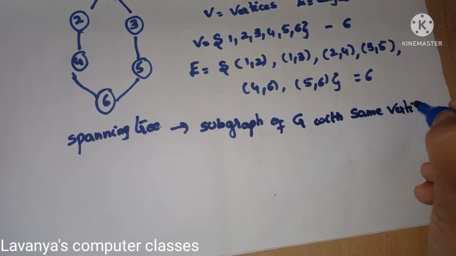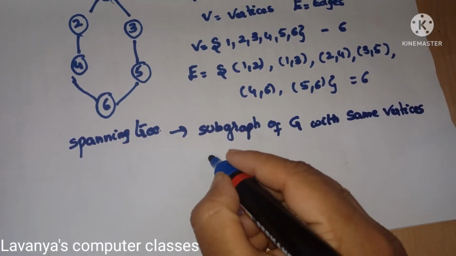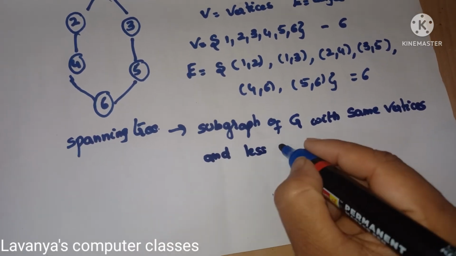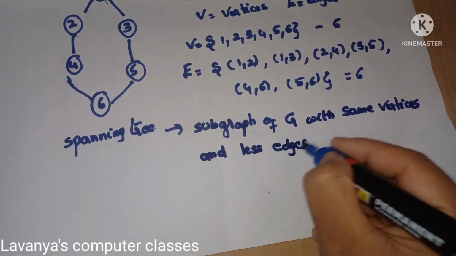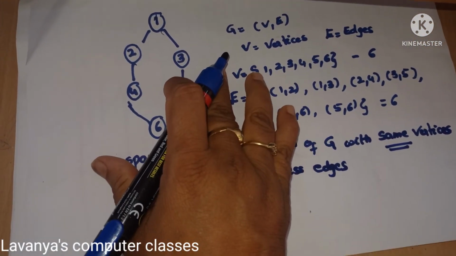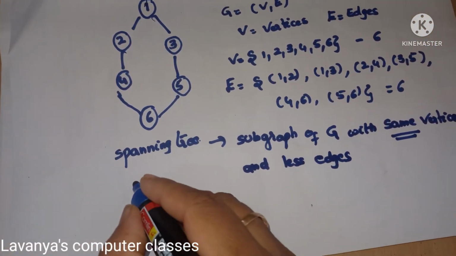In the original graph, how many vertices are there? Same number of vertices are there for spanning tree also, but not same edges. We have to remove some edges, less edges only. So how many edges we require, I will explain in this video.